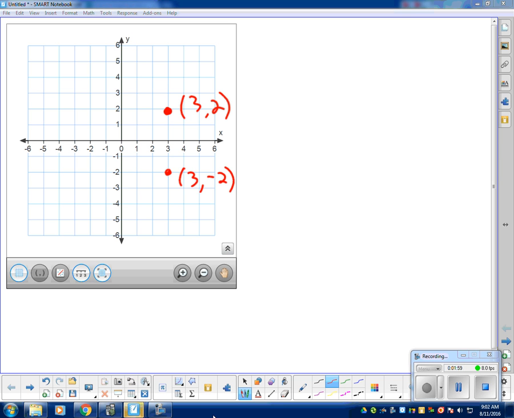And if, say, (1, negative 1) was on the graph, what's the opposite of negative 1? Positive 1. So (1, 1) would be on the graph. And if, say, (0, 0) were on the graph, then also (0, 0) would be on the graph. The opposite of 0 is still 0. So does this look kind of familiar?